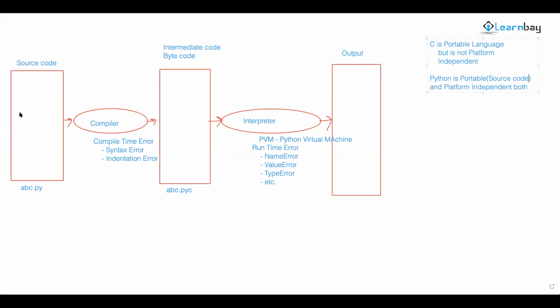Actually, all the high-level programming languages are portable. Okay. But all the high-level programming languages are not platform independent. When you talk about the platform independent, so it means the intermediate code, right? If you are able to move the intermediate code from one platform to another, then that particular programming language is called the platform independent.